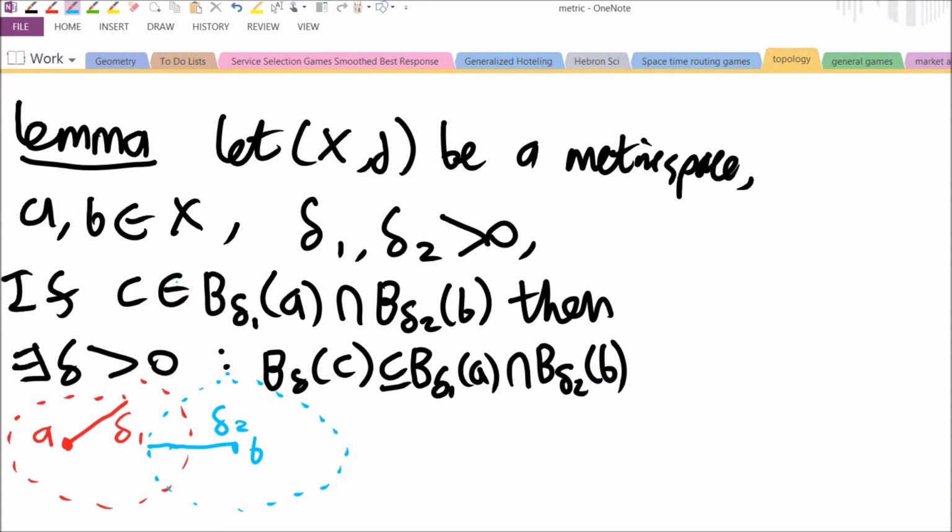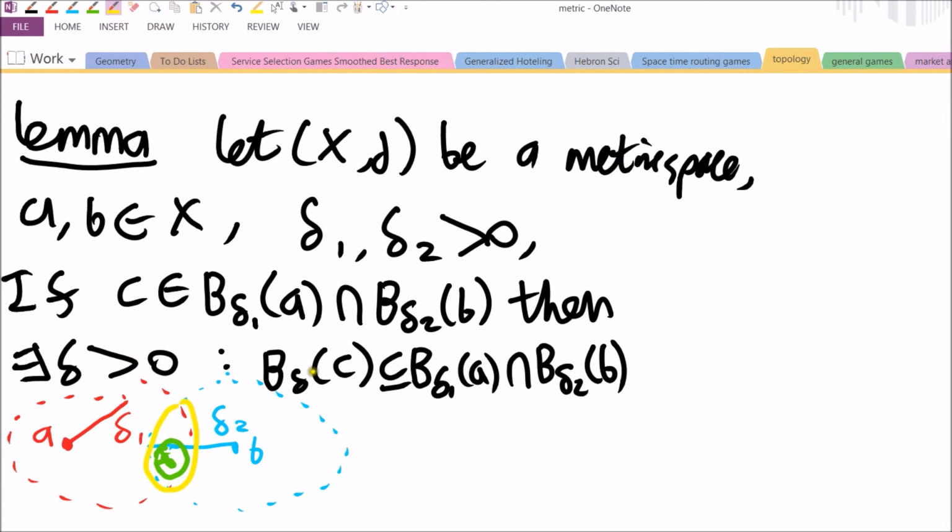And so now what we're saying is if we have a point inside here, C, then we can find a distance, little delta, draw it in there, such that there's a ball around here which is contained within this kind of intersection area between these two different balls.